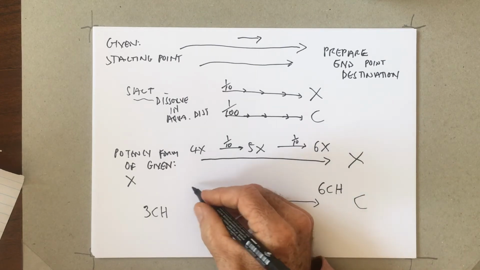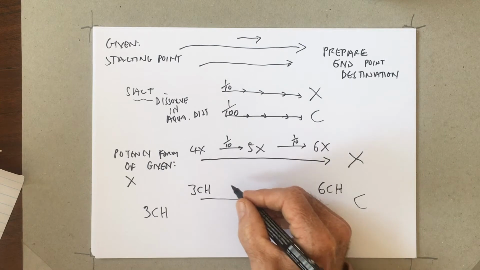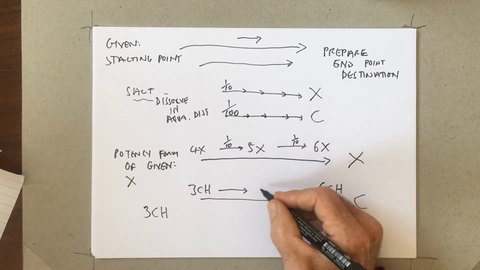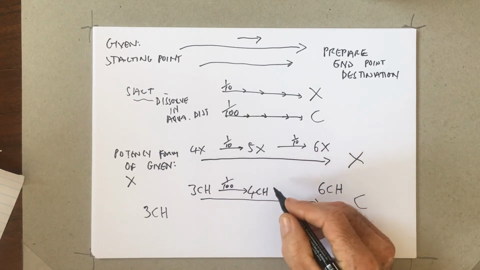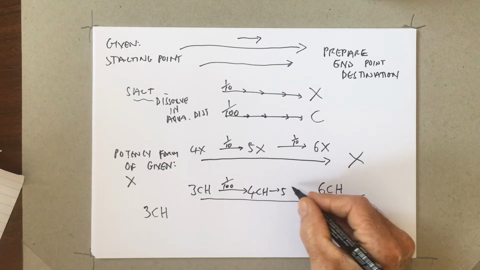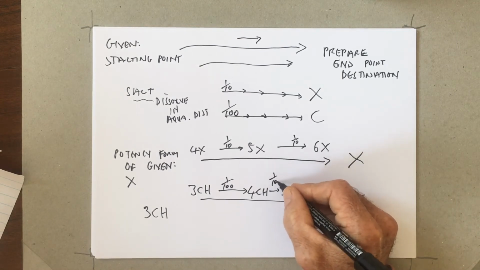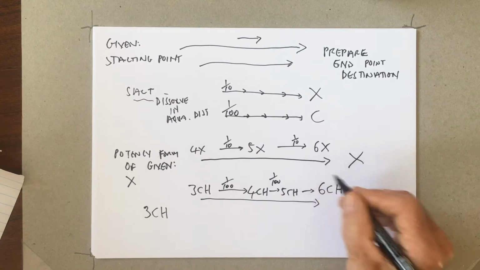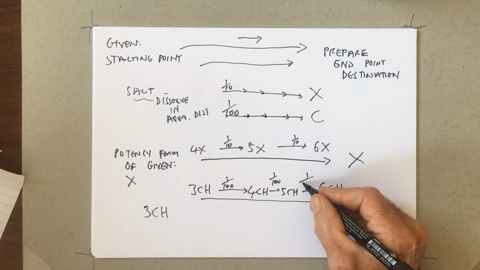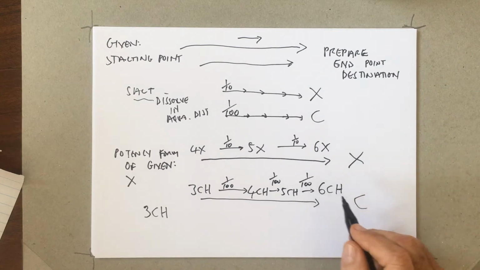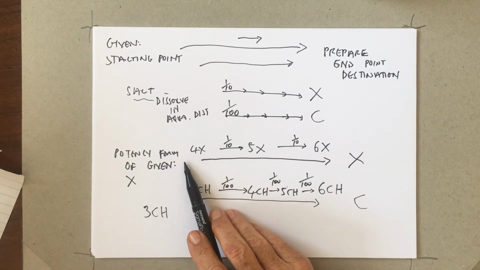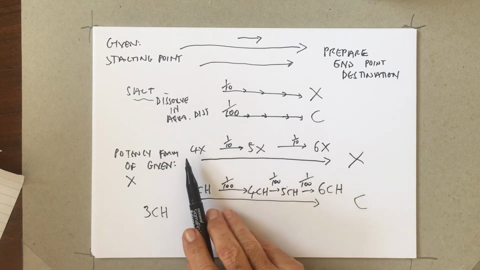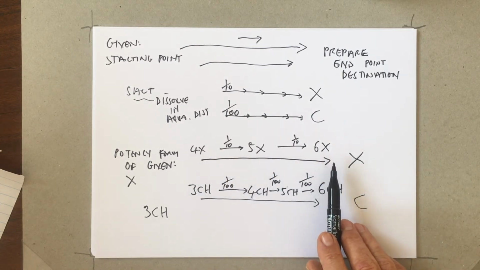So we would go from the starting point, the 3CH, and take that to 4CH. This would be a 1/100 dilution. Take that to 5CH, again the same 1/100 dilution, and then finally take it to the required prepared endpoint, 1/100 dilution again. So both of these cases are straightforward because the given and the prepare were on the same scale. We just had to continue on the same road.